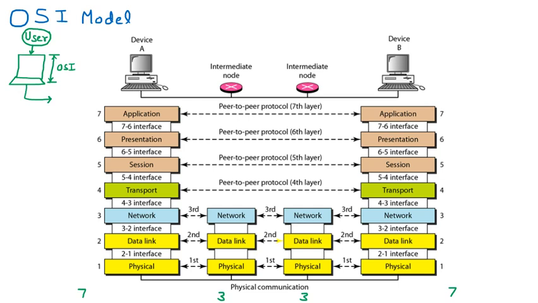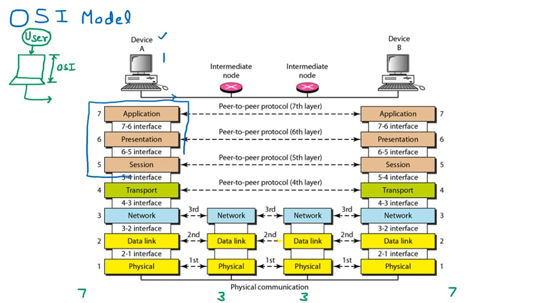If I talk about this device number 1, this is the computer where the wire is going out, and here the user is at this side. Now we know one thing, the top 3 layers help the user to work.